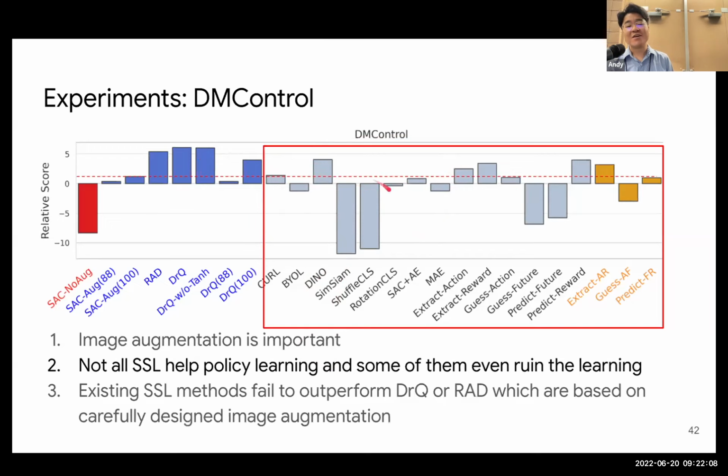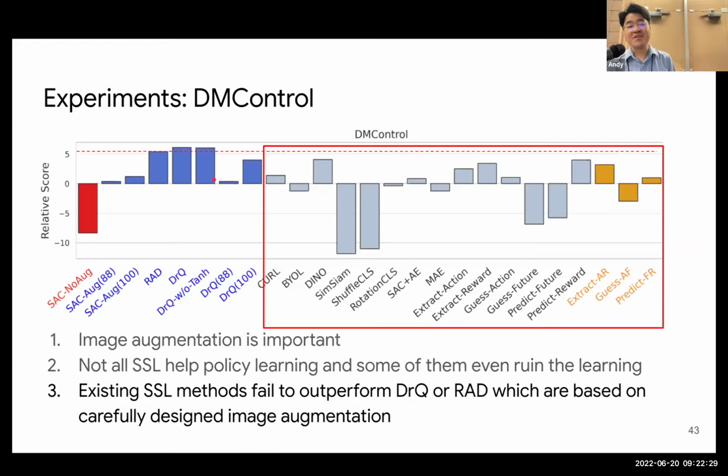Compared to the same thing using the same augmentation, which is this one, the use of self-supervised learning losses was only damaging the performance. Only 1, 2, 3, 4 among these 10-ish self-supervised losses were actually better than just the augmentation.